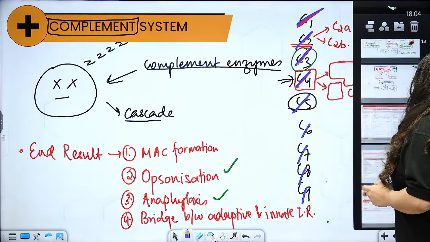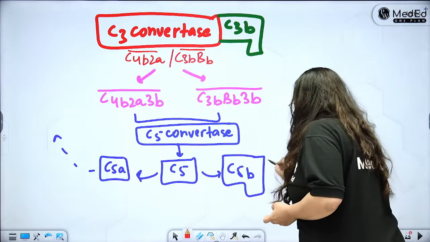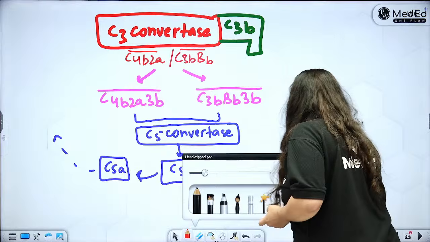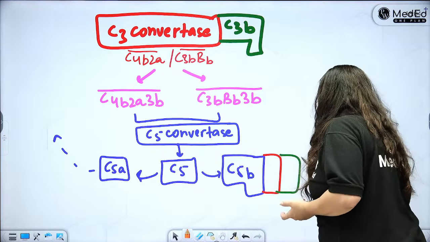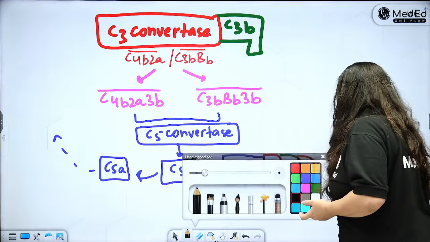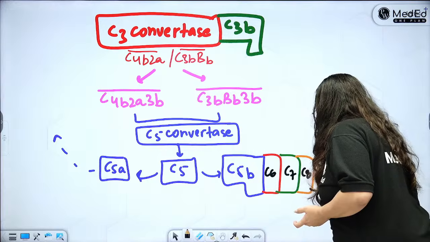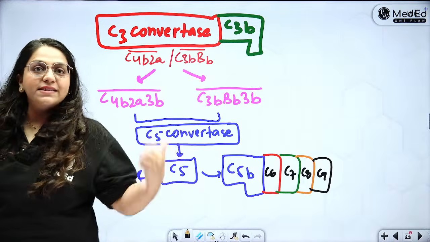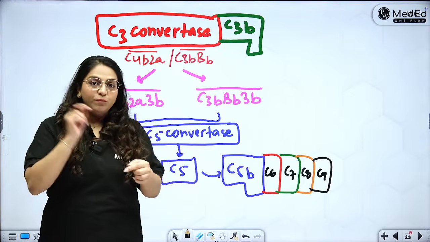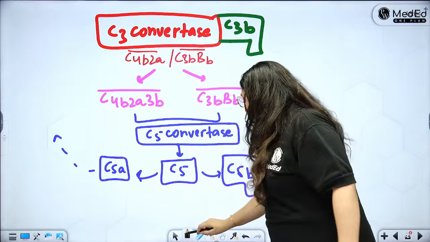So what is this C5b doing? C5b will go and bind C6, C7, C8 and C9. Everything has been bound together. Now this is like the bullets of a machine gun. This will create holes inside the bacterium.